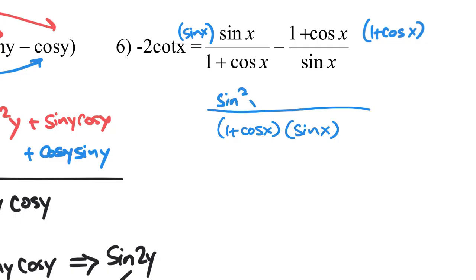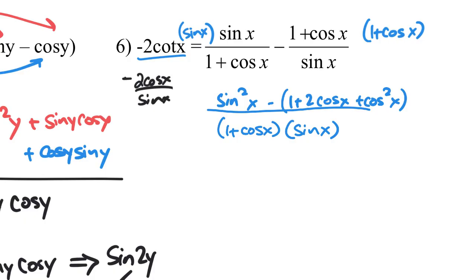I'm going to create sine squared x minus 1 plus 2 cosine x plus cosine squared x. Good. So now what I can do is start rearranging things. I know that if I'm heading towards negative 2 cotangent x, I could expect something like this as my second to last step.